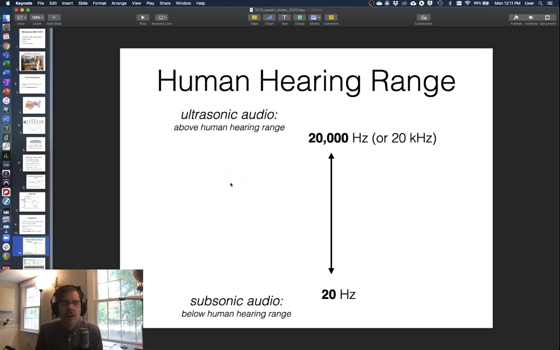Humans are only able to hear or perceive sounds that are within a certain range. And this is a very important fundamental of any audio class, understanding the human hearing range. The human hearing range, the range at which humans perceive sound, is from 20 hertz to 20,000 hertz. 20 cycles per second to 20,000 cycles per second.